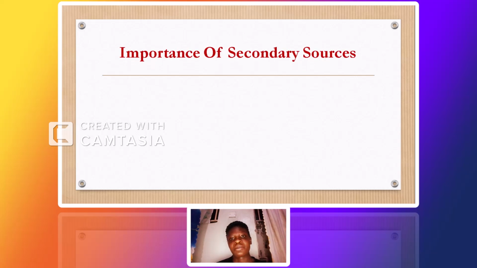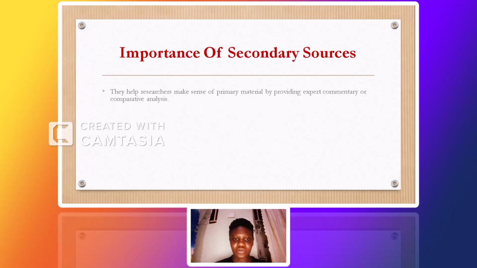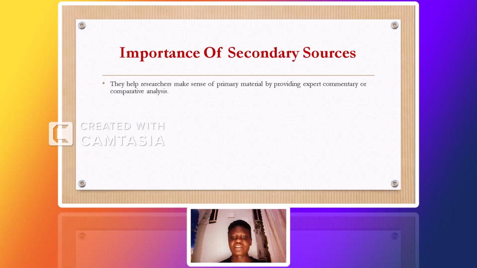Therefore, we are going to look at the importance of secondary sources. These secondary sources have been of great importance in our lives. One of them is that they help researchers make sense of primary material by providing expert commentary and comparative analysis.